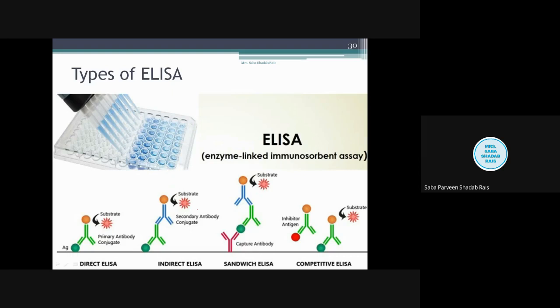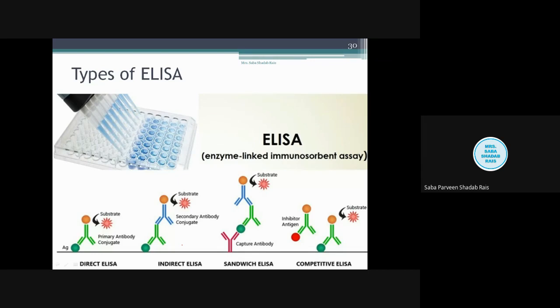Here you can see this primary antibody is there. These primary antibodies are not labeled. For the secondary antibody, for convenience only one antibody has been drawn, but there will be many. So if 4 or 5 antibodies are attaching, they will carry 4 or 5 enzymes. These 4 or 5 enzymes are going to convert the substrate into product, so 4 or 5 times more product is going to be formed.